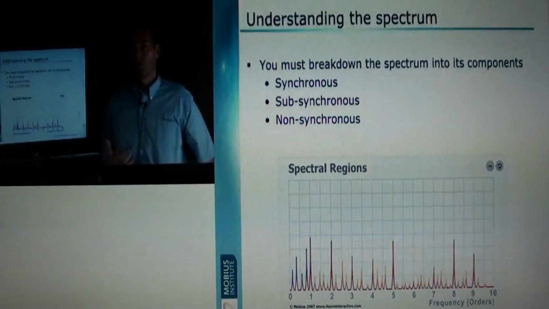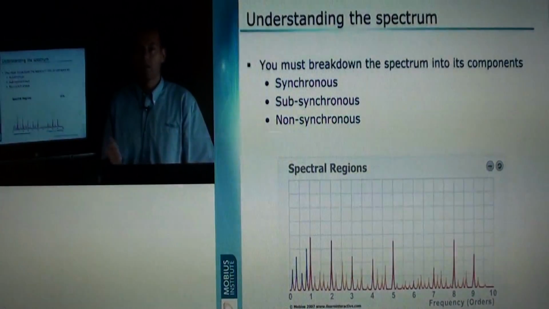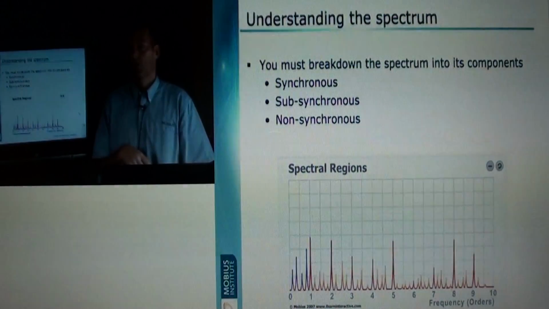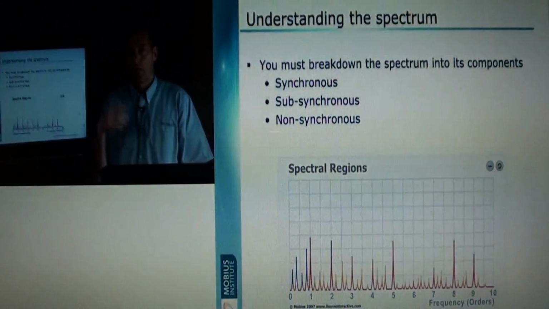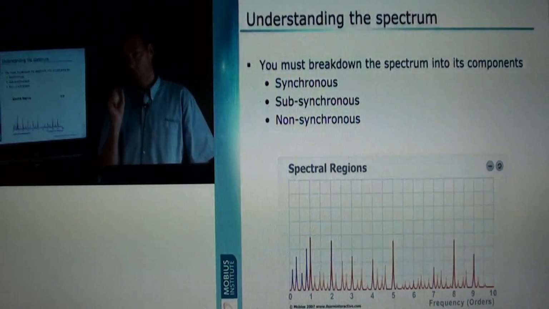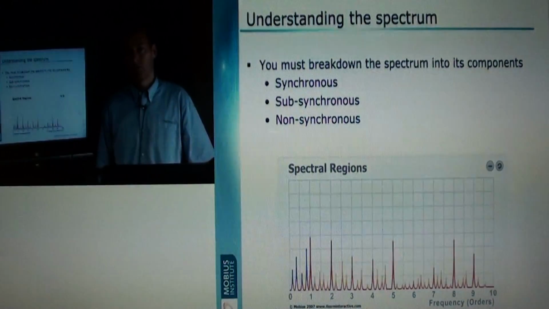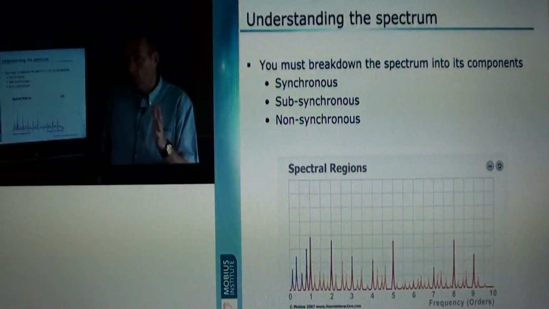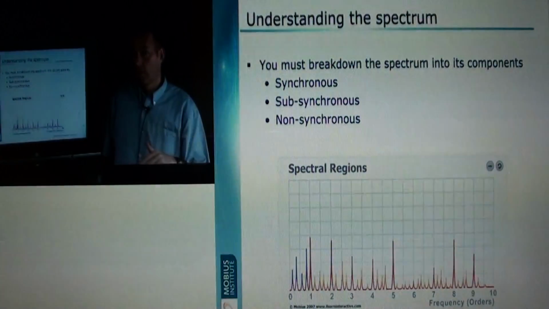A bearing cannot generate a frequency at exactly 4.000 times running speed, or 6.000 times running speed. The frequency will always be a little different to that. It may be, for example, 3.09 times running speed.